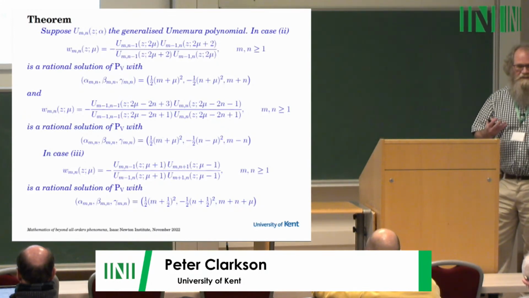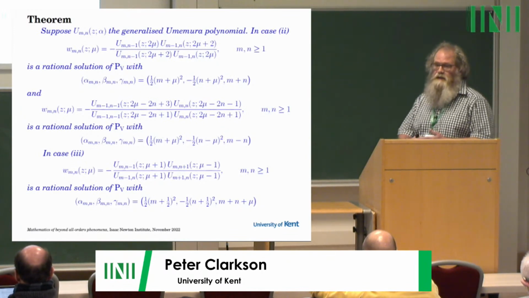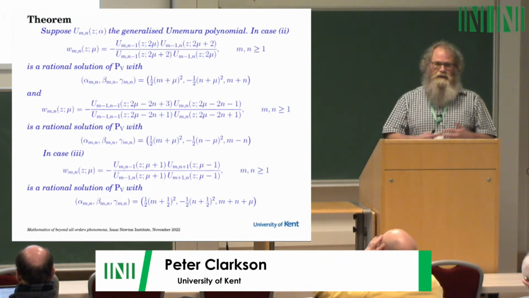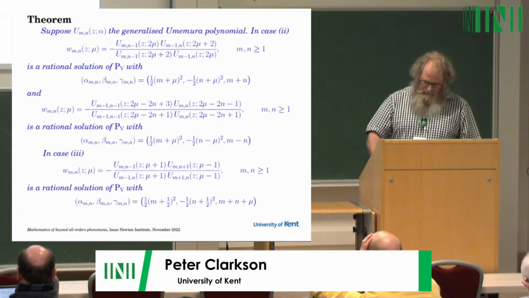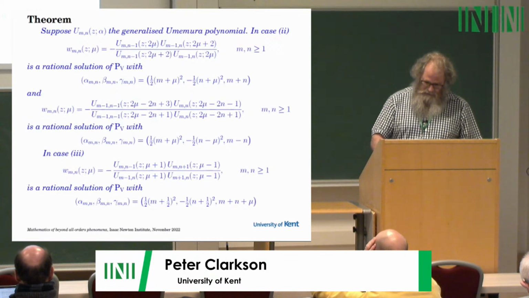The benefit of writing them as these polynomials rather than the ones previously written is that I have them as Wronskians, and I can now do some combinatorics on them. I'm not going to give you any detail, but just some information.